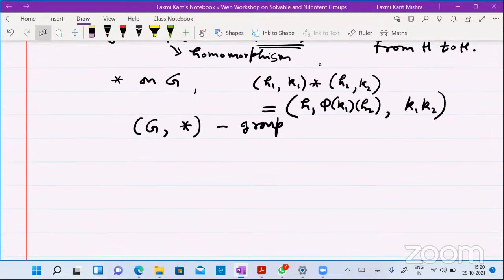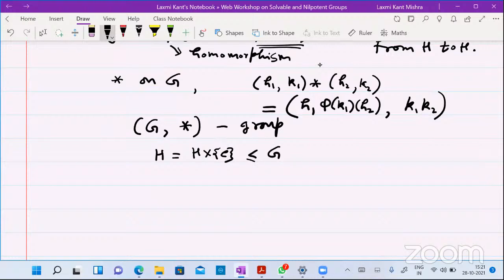So if it is a group, then you can say that H is also sitting inside G, in the form of H cross singleton identity. Similarly, K is also sitting inside G in this form.